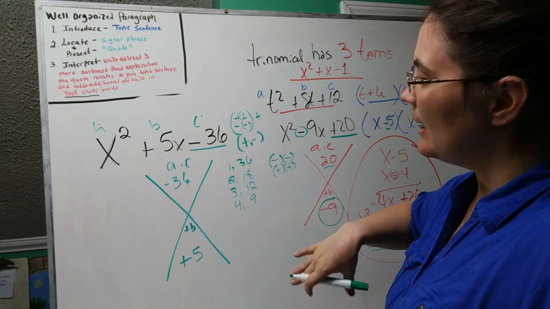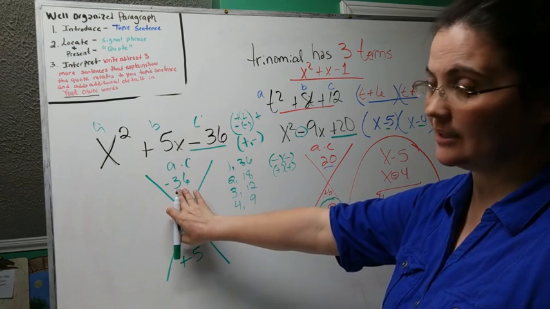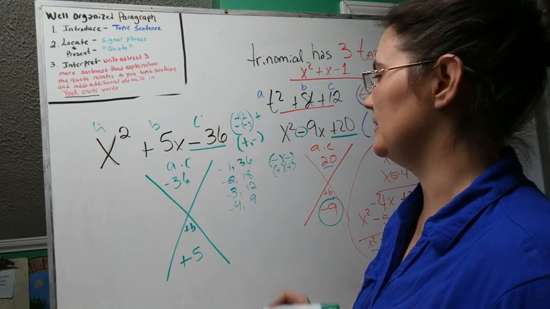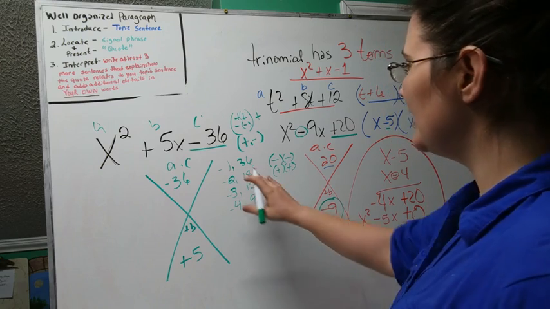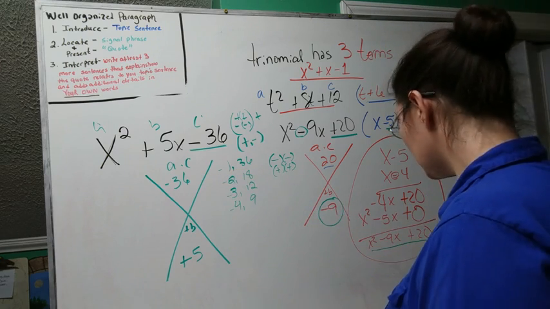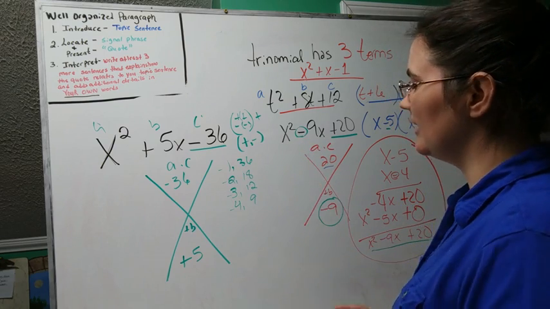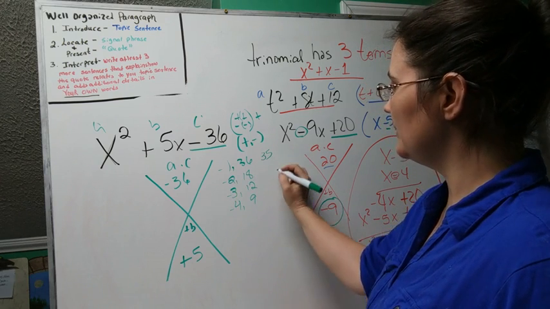But it would probably be easier, because this 5 is so much smaller than 36, to try first turning your smaller number into a negative. Because, like I said, it's such a far distance. So if I said 36 and negative 1, which is basically I'm just taking that away, that would give me 35.